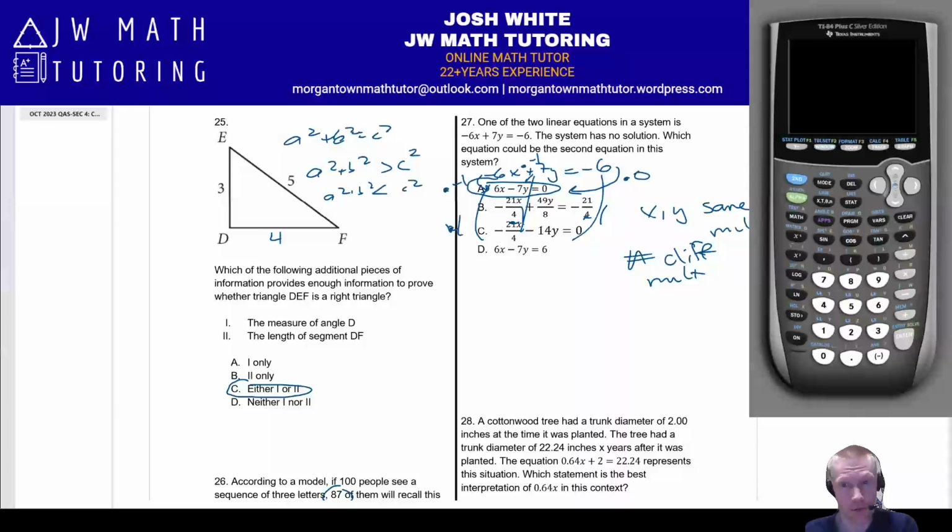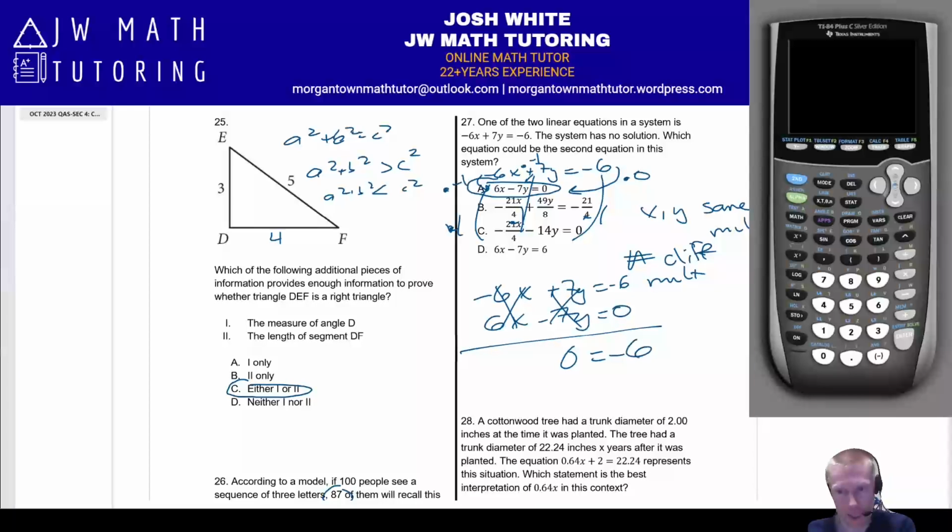And then lastly, something else you can always do, if you forget about the multipliers and the scale factors, is just take the problem and try to solve it. So for example, I take the original equation and answer choice A, and if I were to try to solve this, I would notice the x's are already opposite, so let's just add them and cancel. Here we add them and cancel, we get 0.